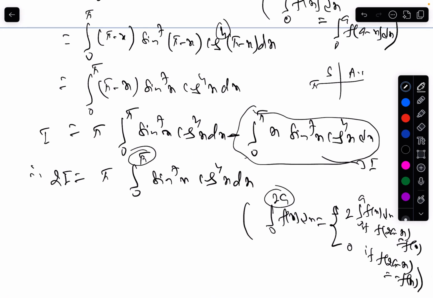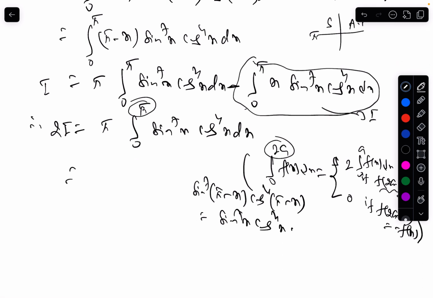f(2a minus x) is the same as f(x), because sine power 7 (pi minus x) cosine power 4 (pi minus x) is the same as sine power 7x cosine power 4x.